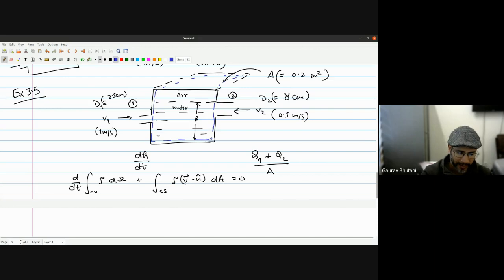That means I can take the d by dt term inside because my control volume is not deforming, it's not changing with time. And this term actually is 0. Sorry, it's actually not 0, because you have two different fluids here.